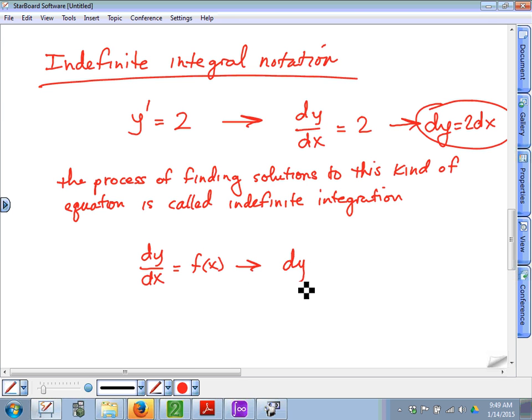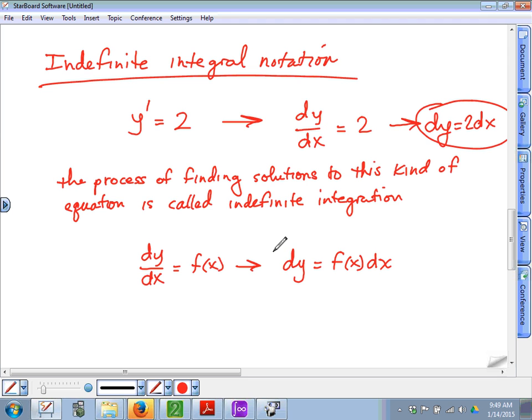That also means that dy is equal to f of x dx. Do I need to slow down? Are you all right? Well, I'm not done yet. You with me up to this point?